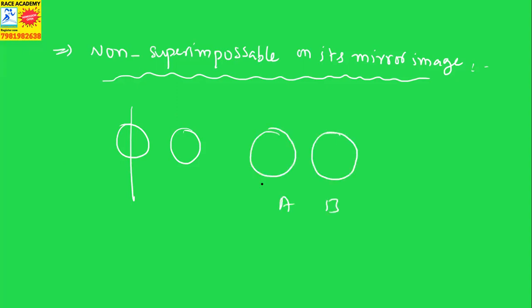So how it can be understood: a symmetric object like a ball can be superimposed on its mirror image, which is another similar ball. Two balls are there, this is A, this is B. Keeping A over B, the image should be similar.